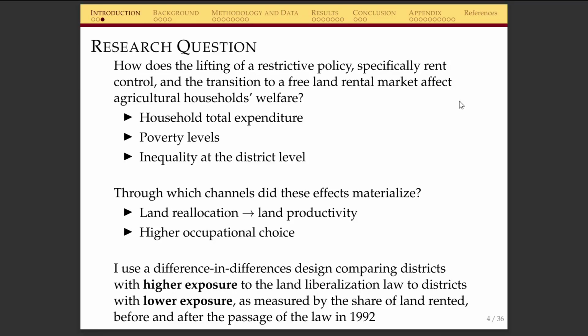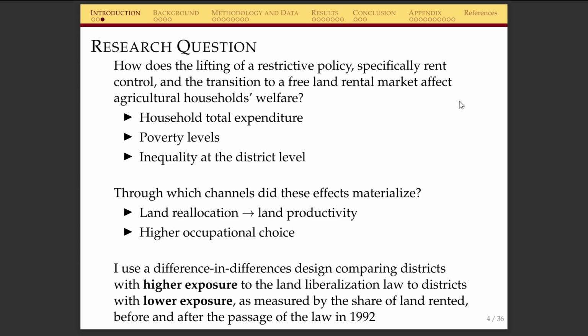I'm asking, how does the lifting of a restrictive policy, specifically rent control, and the transition to a free land rental market affect agricultural households' welfare? I look at household total expenditure, poverty levels, and inequality at the district level. And I try to understand through which channels these effects materialize.